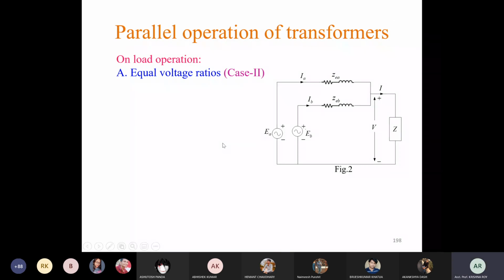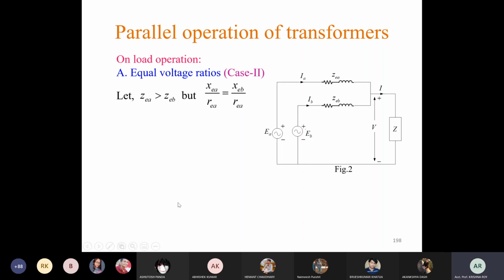Now case 2. The main assumption remains the same, that means equal voltage ratio across the secondaries. Here one of the transformers has higher leakage impedance than the other, that means the leakage impedances are not equal, but the X by R ratio is the same for both transformers.